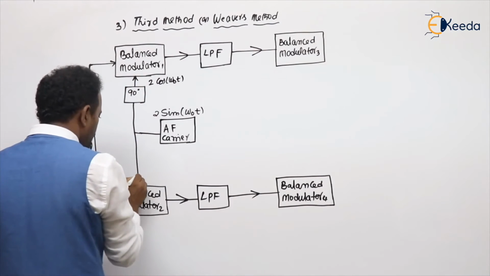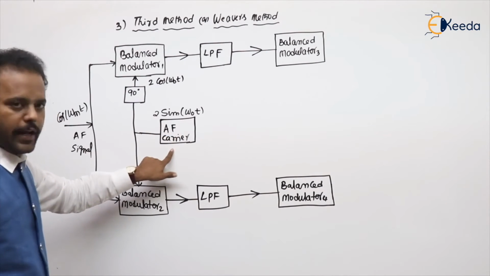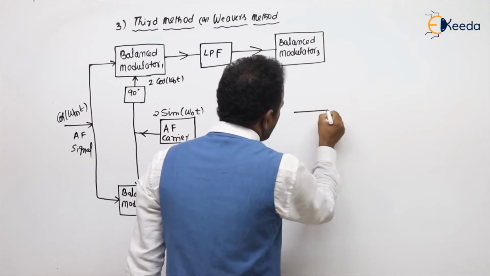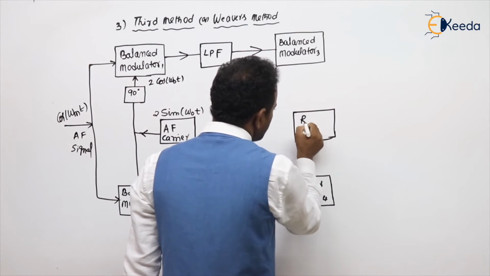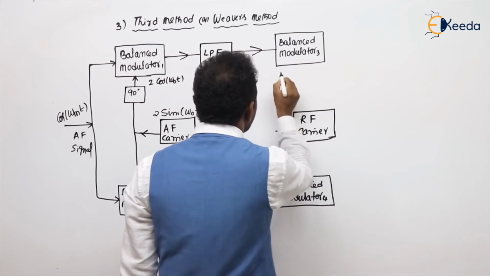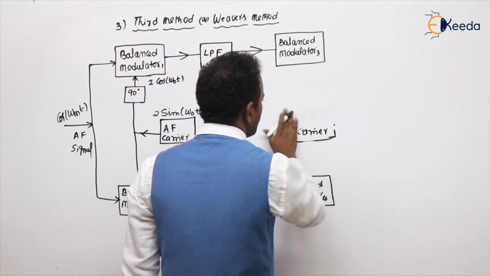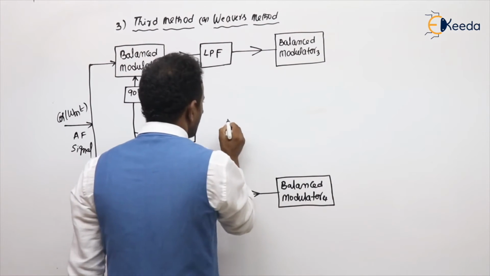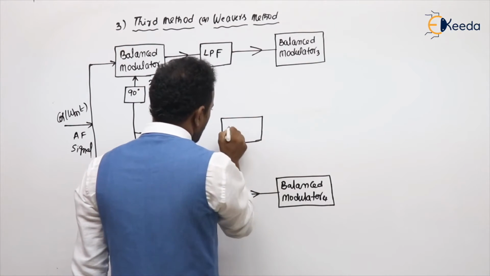And the same we are giving here. This is the AF carrier, and we are taking the regular carrier, which is also called an RF carrier. This is given to the, let me write this circuit this side, and the better option will be there. RF carrier.